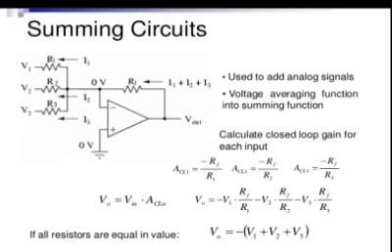Look at the figure once again. Here the circuit has feedback. So the output V out should be equal to the negative of the sum of the voltages supplied at the input terminals. And look at the formula at the end: V out is equal to minus of V1 plus V2 plus V3.